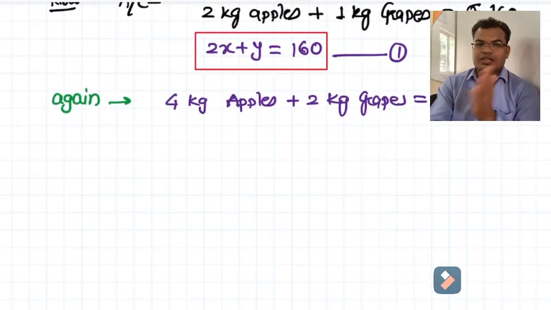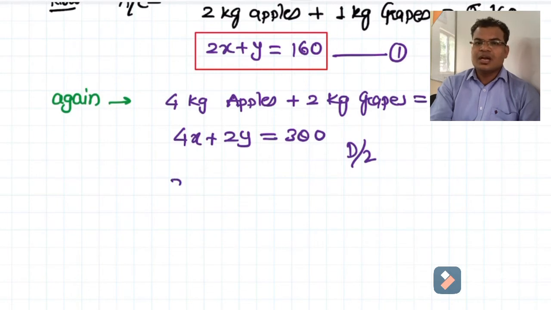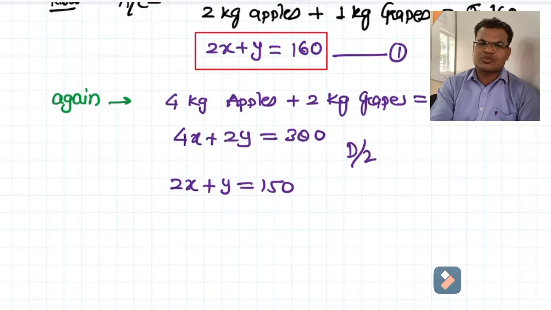Just double the quantity, but the cost is not double. The cost is only 300, not 160 doubled. So the equation will be 4x plus 2y equals 300. You can divide this equation, and it will simplify to 2x plus y equals 150.